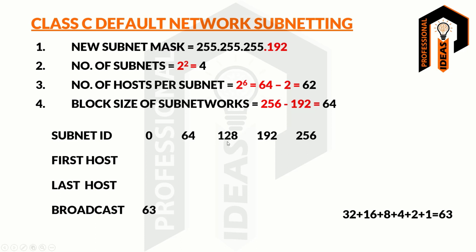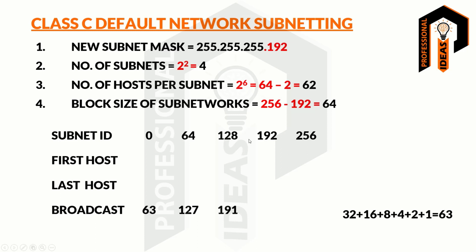Similarly, the number right before the value of the next subnet 128 is 127, which is all host bits turned on. So by adding 63 to 64 we get 127 as the broadcast address for the 64 subnet. Similarly, the number right before the value of the next subnet 192 is 191, which is all host bits turned on.